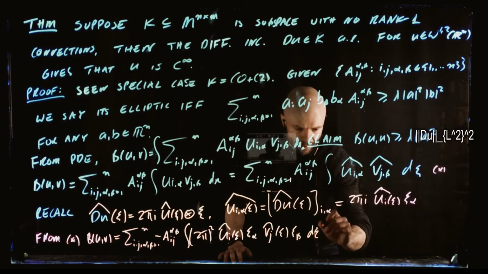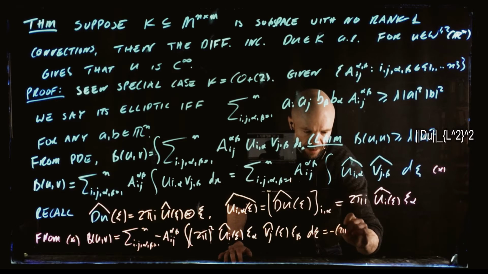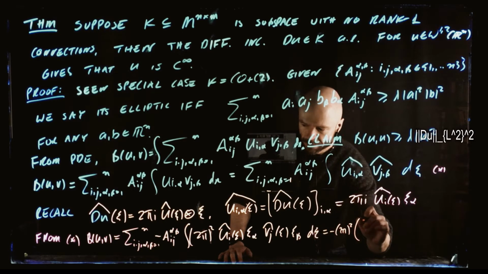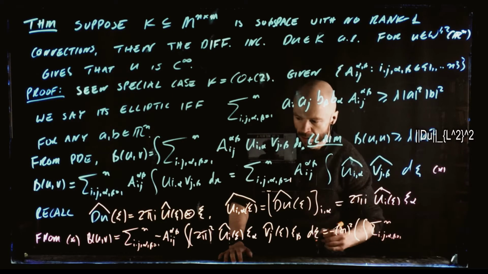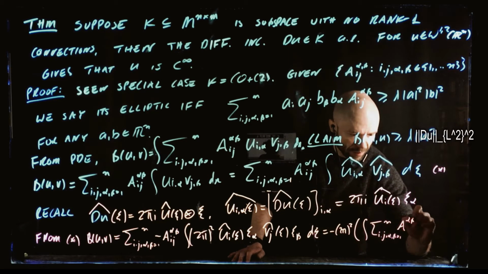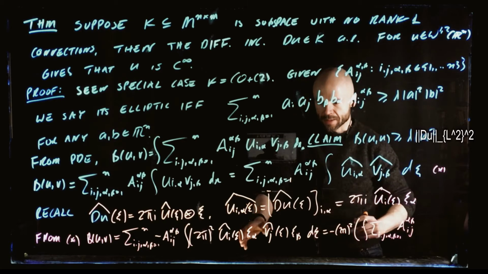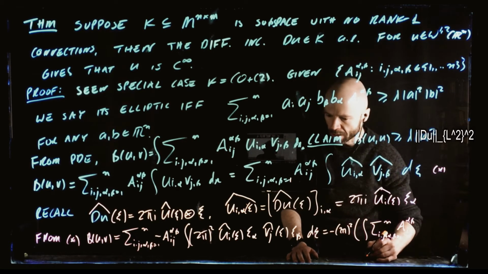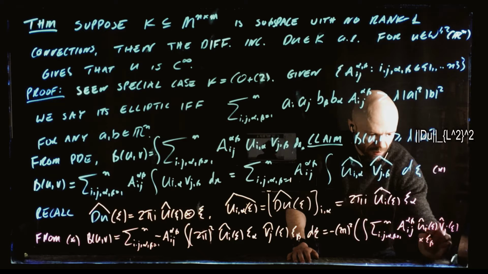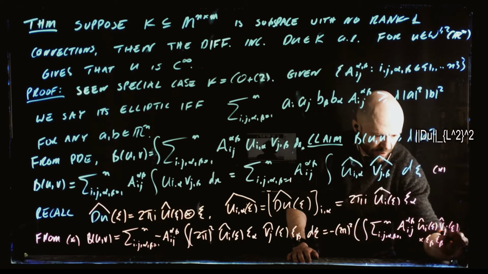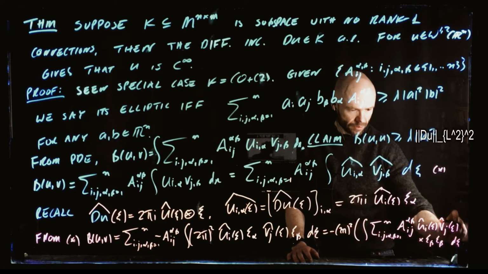So then this is going to be, I'm running out of space, minus 4π² times the integral of the sum over i, j, α, β from 1 up to n of these coefficients a_{ij}^{αβ}, and then these things: û_i, v̂_j times ψ_α and ψ_β, like this, dψ, integral in R^n. Okay?